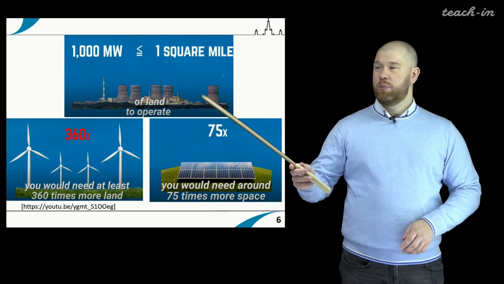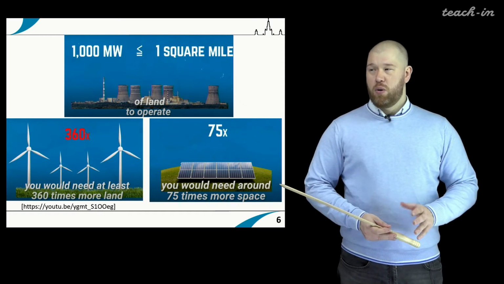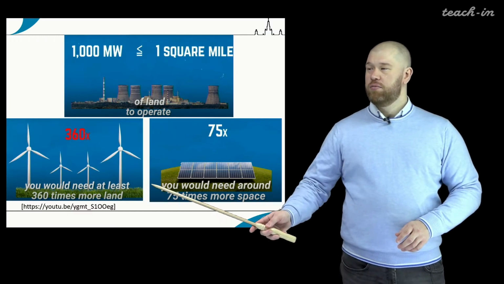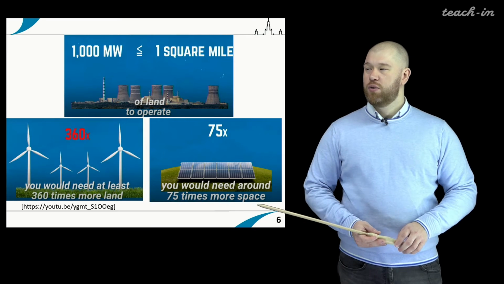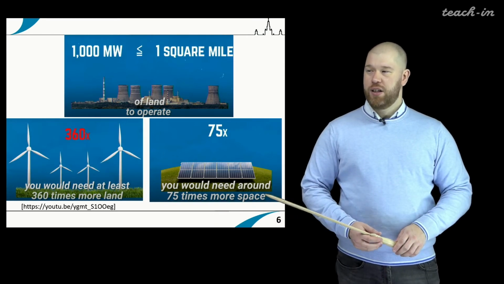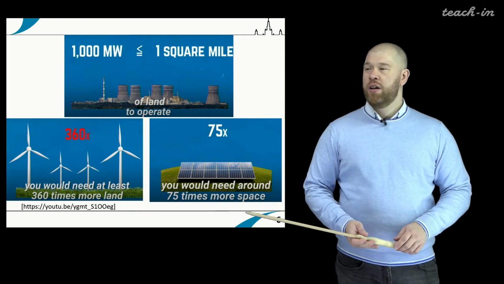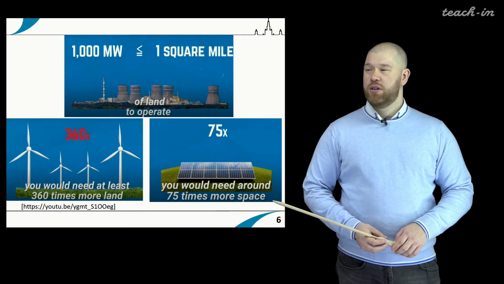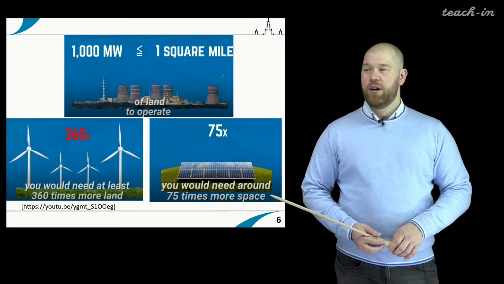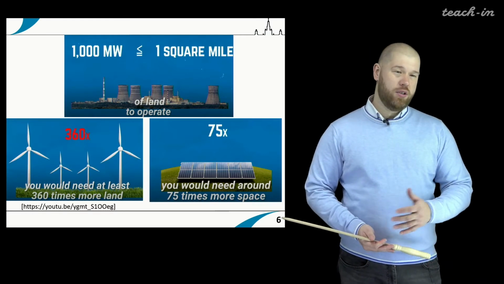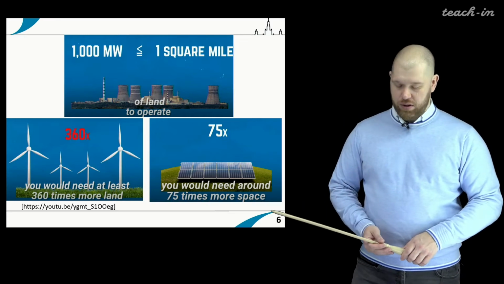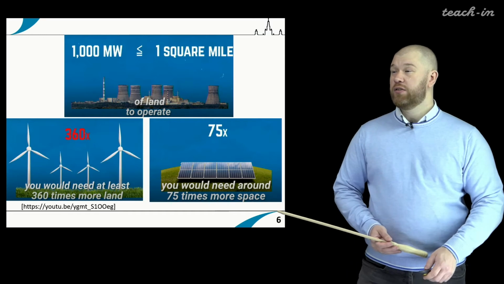So for a nuclear power plant it will be around 1 square mile, and for wind turbines we will need, let's say, 400 times more area, and for solar panels we will need 75 times more area, more space, to produce the same amount of electricity.